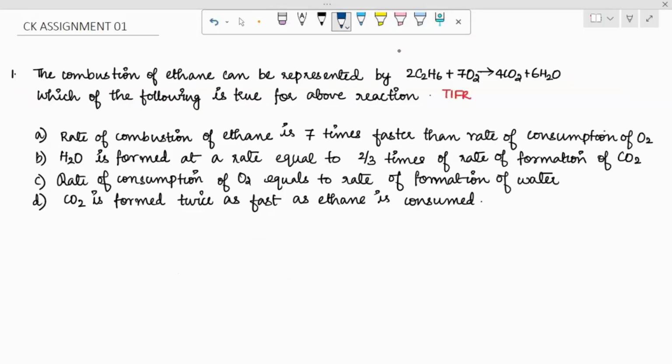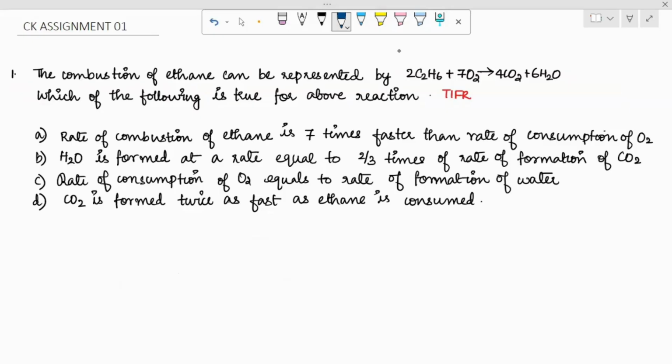Hi everybody and welcome. So today we are going to have a practice question session wherein we are going to discuss the questions from the kinetics of different order reactions, which comes under the module of chemical kinetics.